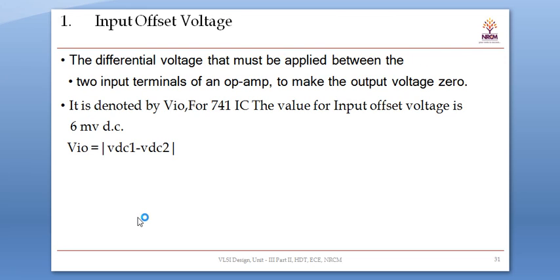The input offset voltage is the voltage that must be applied between the two input terminals of the OpAmp to null the output.